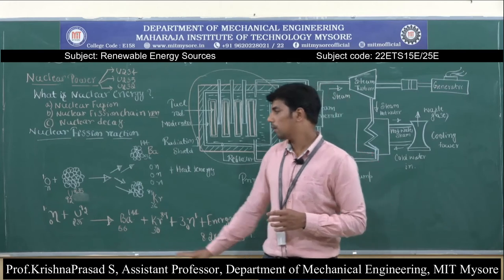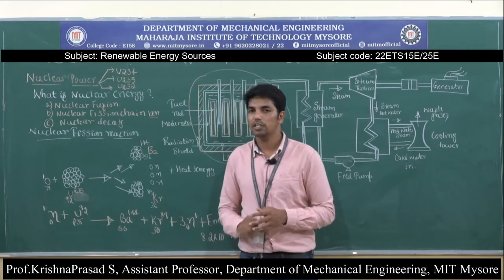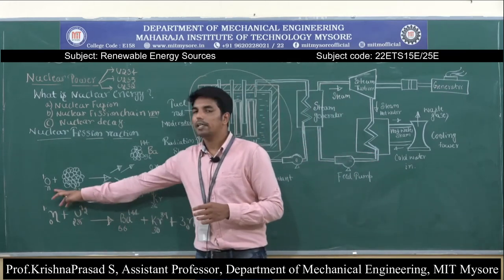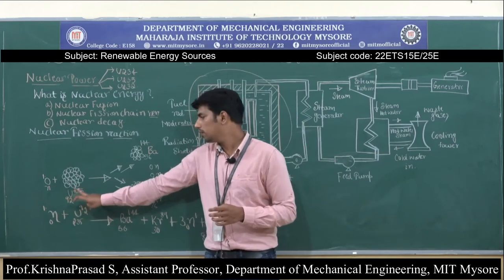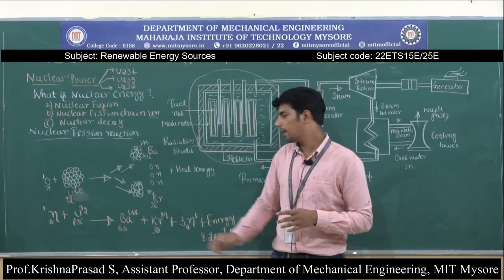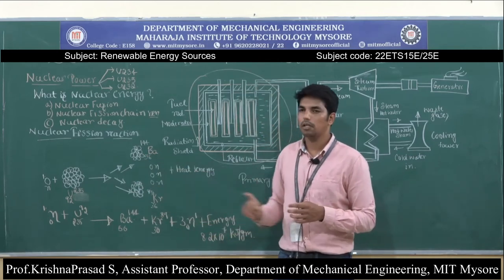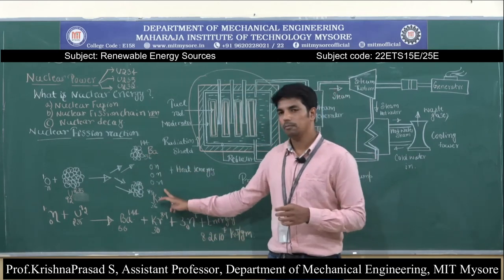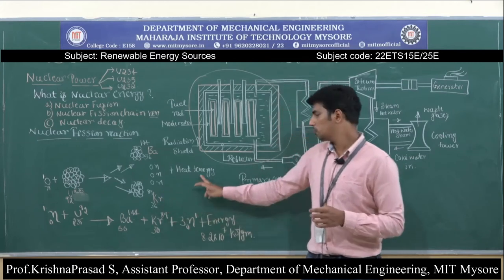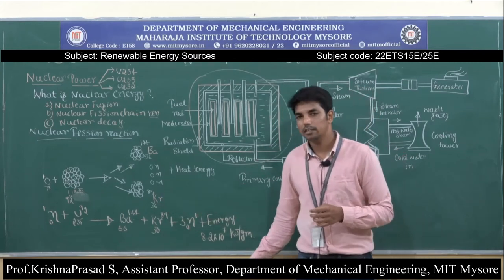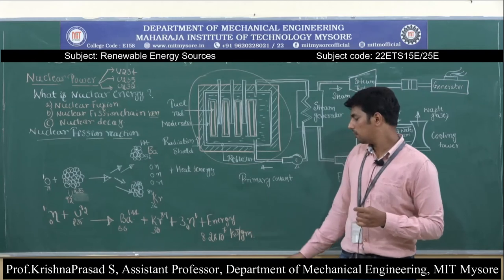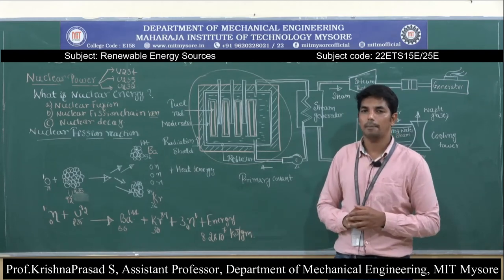I repeat, what happens in the nuclear fission chain reaction? A small particle called a neutron is bombarded with a uranium-235 atom and splits into two lighter elements, barium and krypton, and 3 neutrons along with a large amount of energy, 8.2 into 10 to the power of 7 kilojoules per gram.